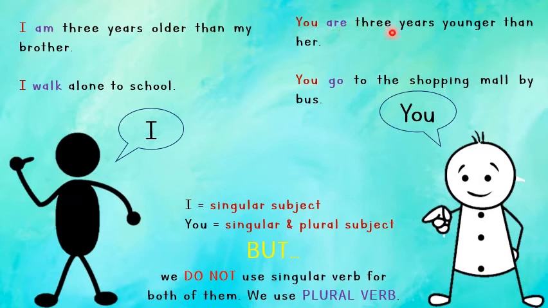You are 3 years younger than her. You go to the shopping mall by bus. This one, walk and go, we use plural verb. Diorang singular, dalam kategori singular, tapi kita guna plural verb. Okay, they are special.